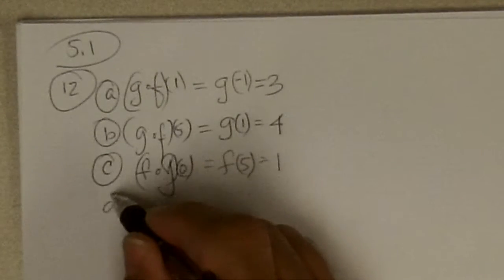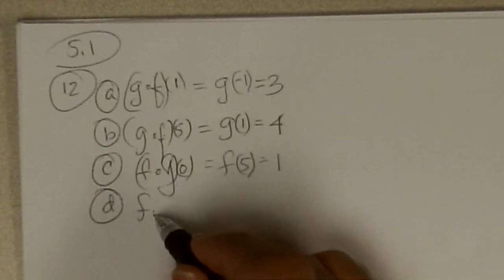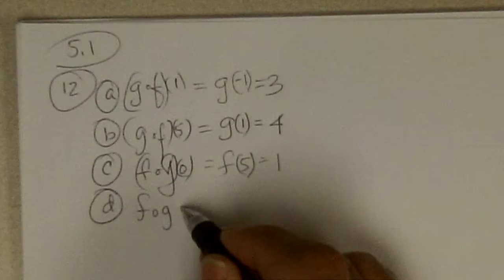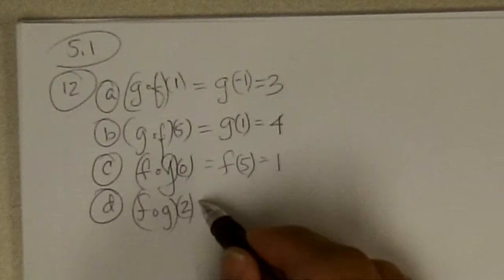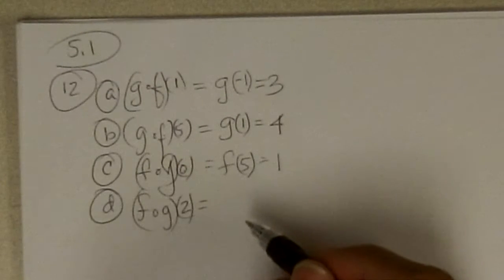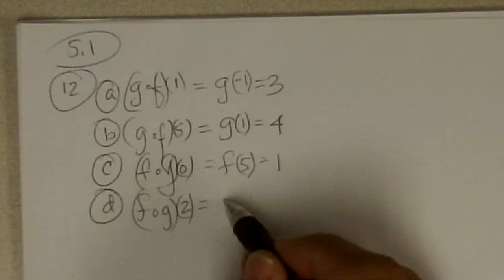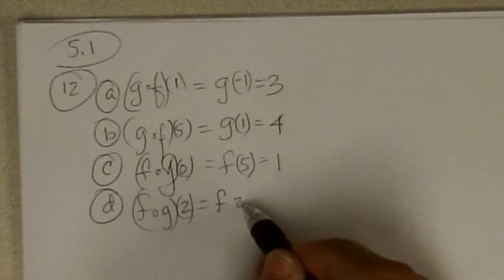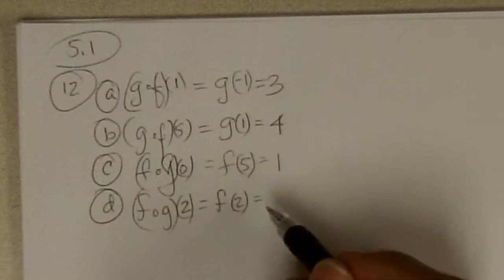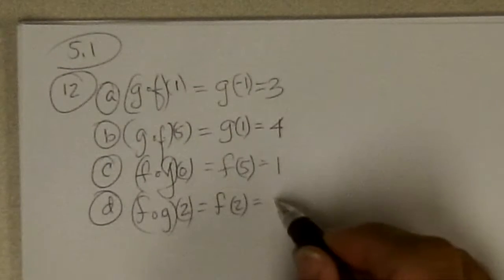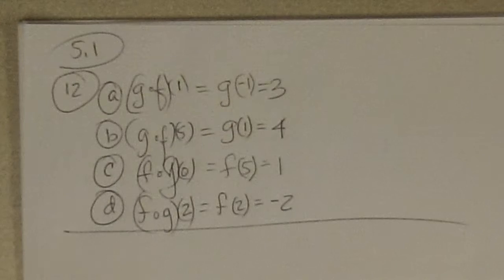And then finally d. And d is f of g of 2. So I go to 2 on the x on the graph, go to the g function, and it changes a 2 to a 2, so I've got f of 2. So now I go to 2 on the x-axis, and on f, 2 is changed to a negative 2. And that's number 12.